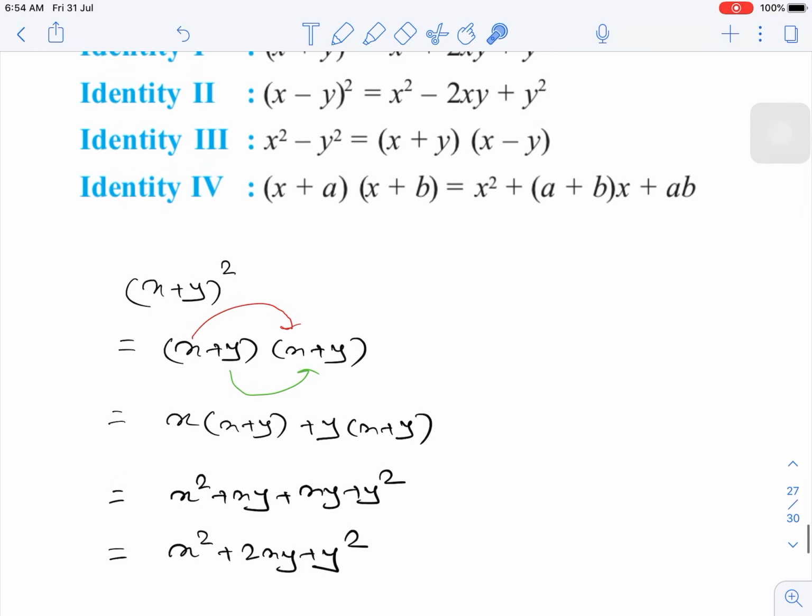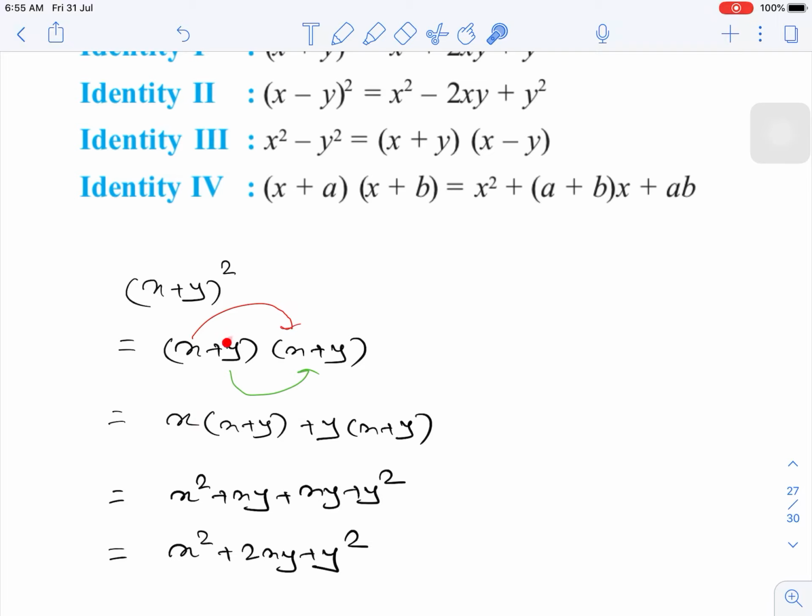So (x plus y) whole square means x plus y is multiplied 2 times. So we have written it as (x plus y) into (x plus y). In the next step, the first term of this bracket will multiply to each and every term of the other bracket, so we have written x into (x plus y).